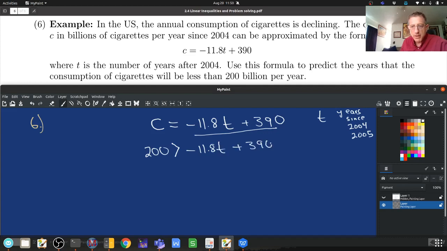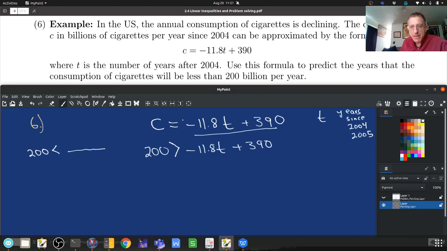So really the only part about this is deciding which direction the inequality is. It's really common to put the linear inequality that way. But you have to realize this actually gives the amount per year, the right-hand side.